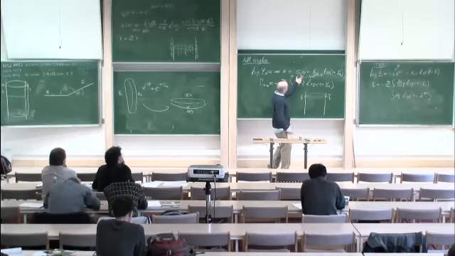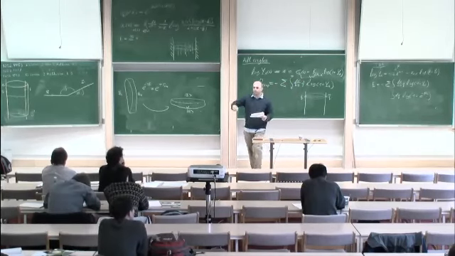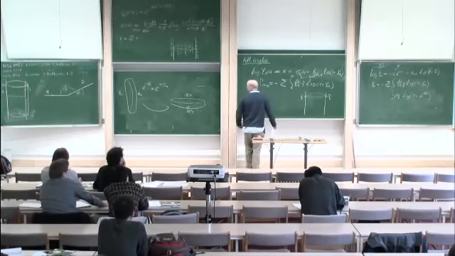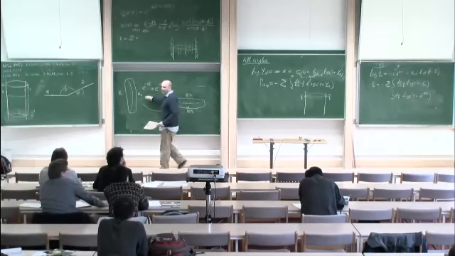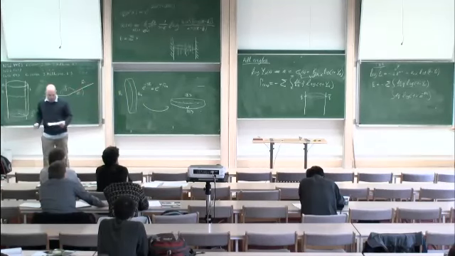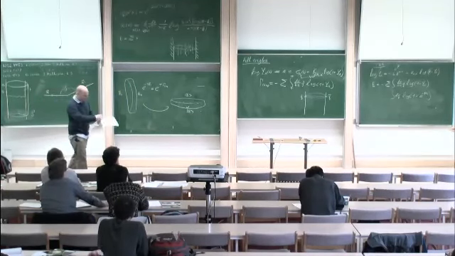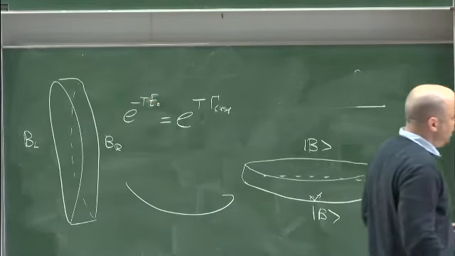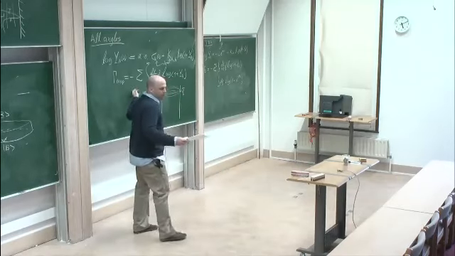The places that the dressing phase enters are here in the sources. These are chemical potentials for these particles. And the angles, if we turn on two angles between these two boundaries, are again just entering as constant chemical potentials for the particles.